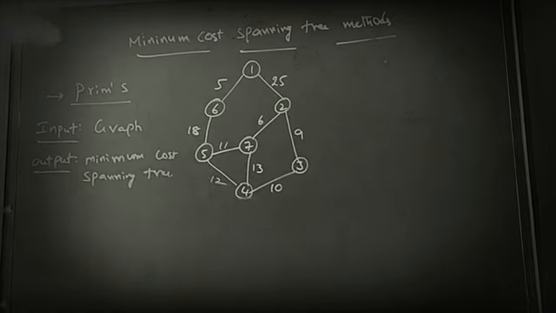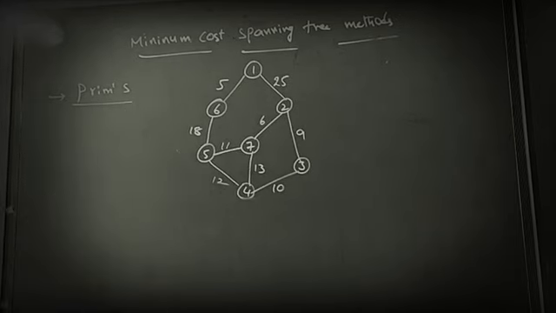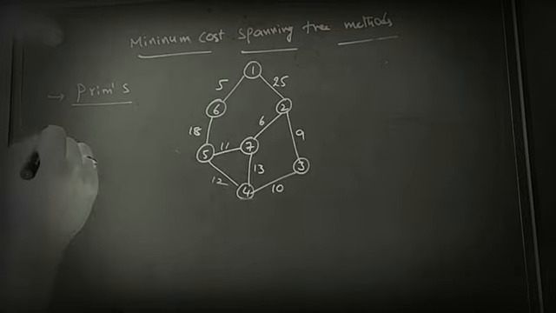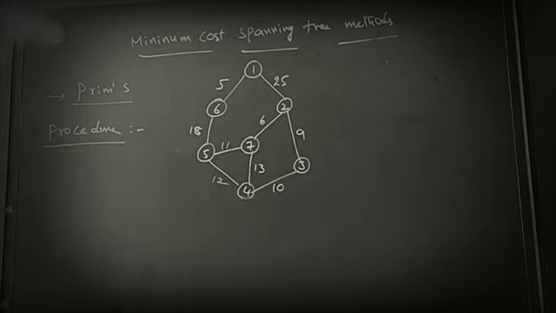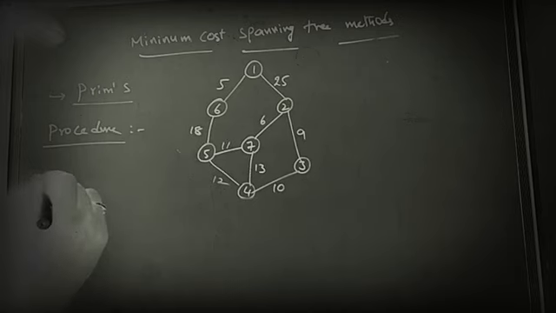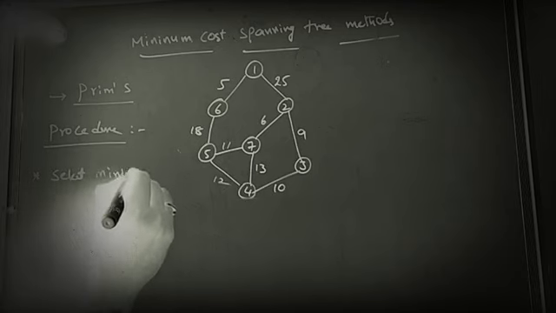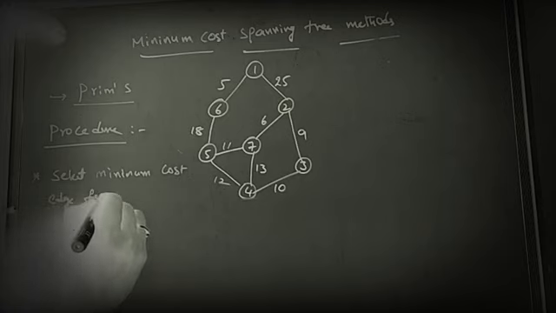Then what is the procedure involved between taking the input and getting the output? What are the steps involved to get the minimum cost spanning tree from the input graph? First, select the minimum cost edge from the graph.